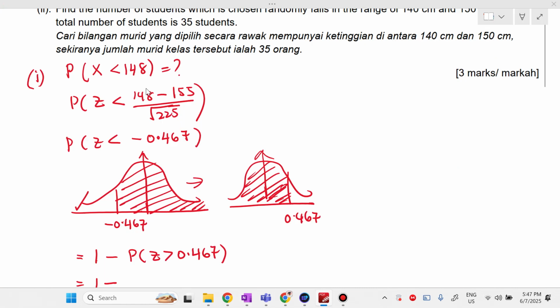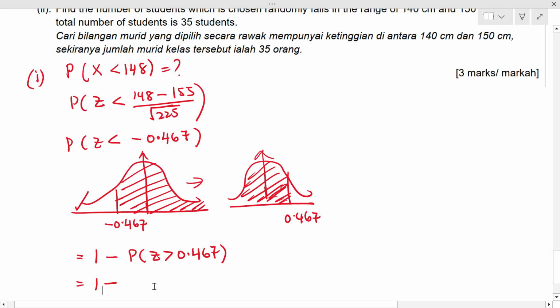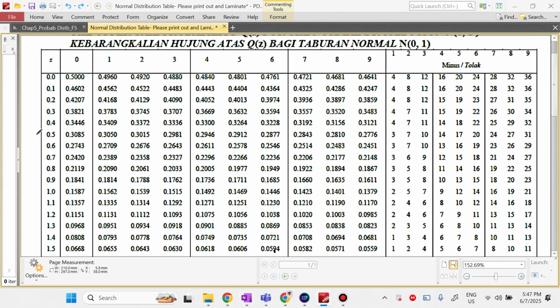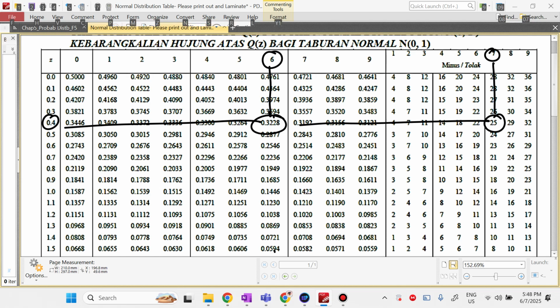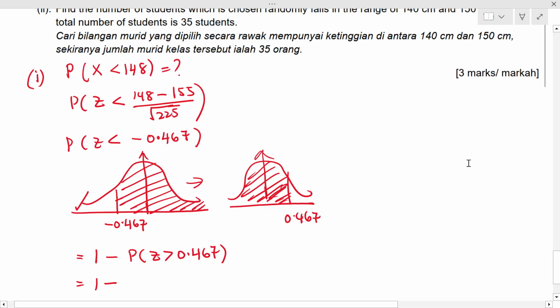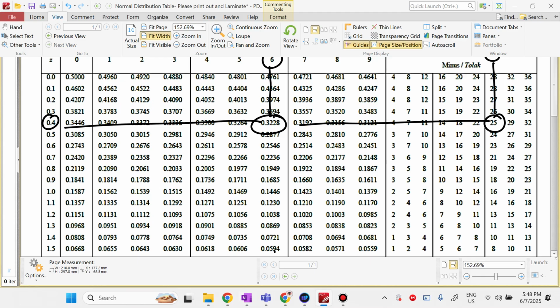Remember, we have the Z, we are finding the probability. So 0.46 and then 7, 7 means into minus 25. 0.3228, 0.3228 minus 0.0025. This one you put bracket, 25, right?